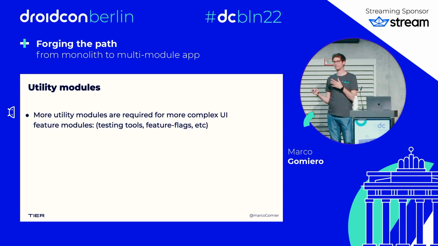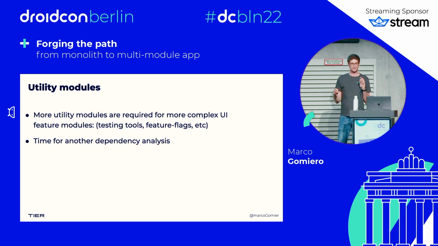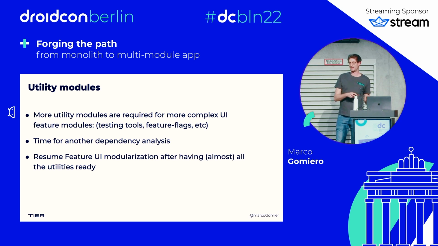So more modules that abstract some tooling, like, for example, feature flagging, testing tools, and resources, stuff like that. So again, it was time for another dependency analysis session, and some more modularization behind the scenes, to finally reach a point where we can start UI modularization again. And we are now at this stage.